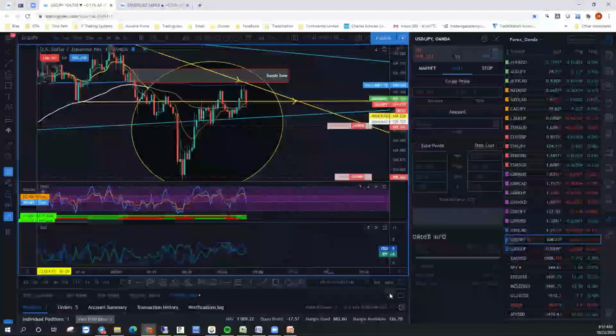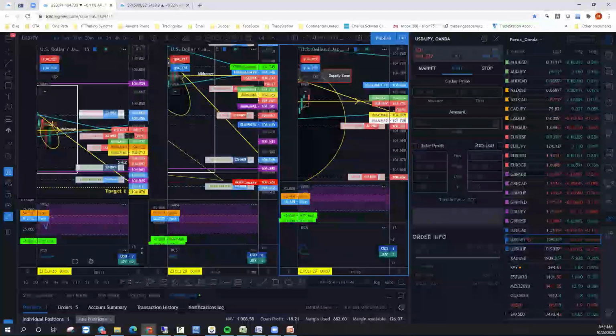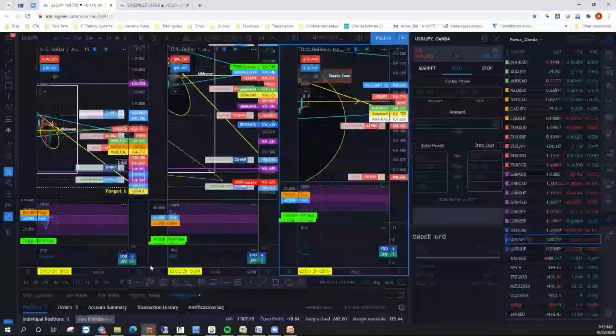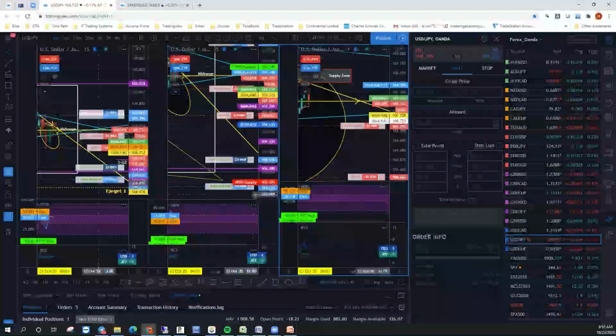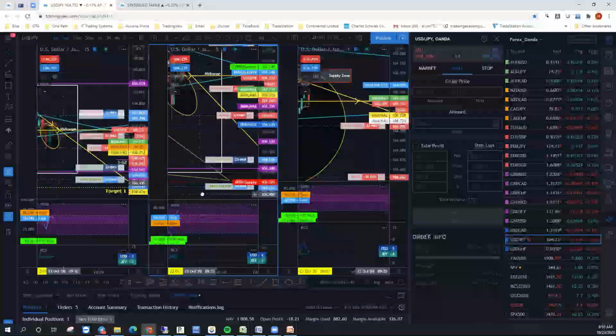Let's see where the other time frame strength meters are. We're still showing marginal dollar strength here. We want dollar weakness, with Japanese strength is what we want right now. And let's see the RSIs.